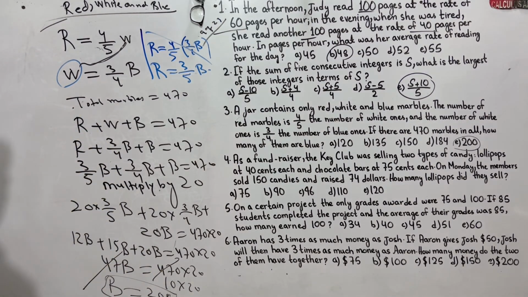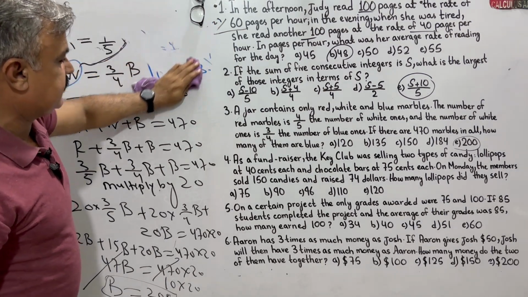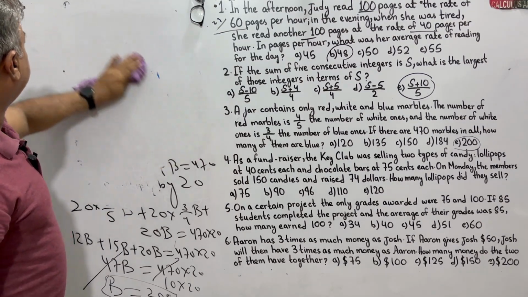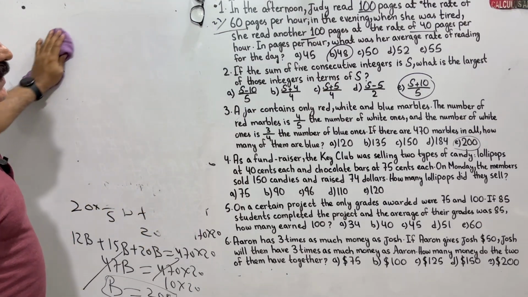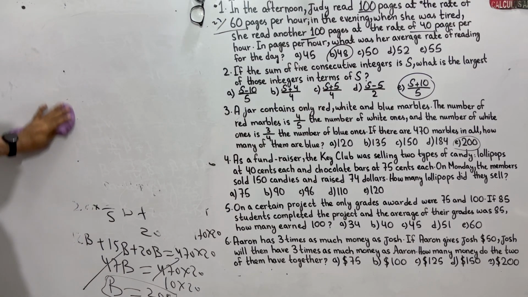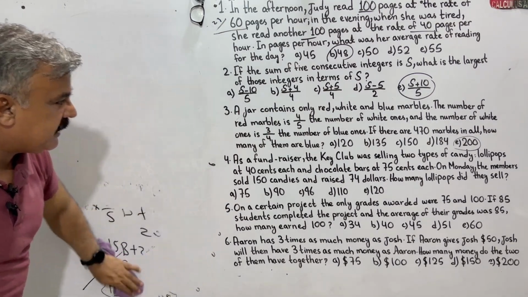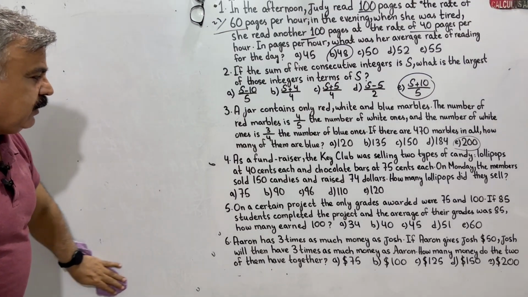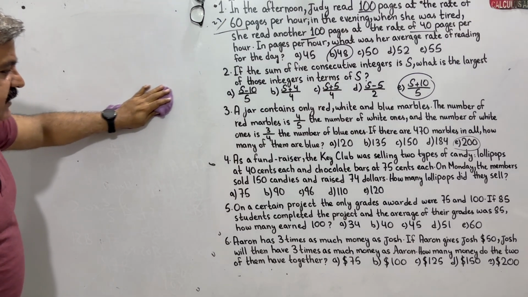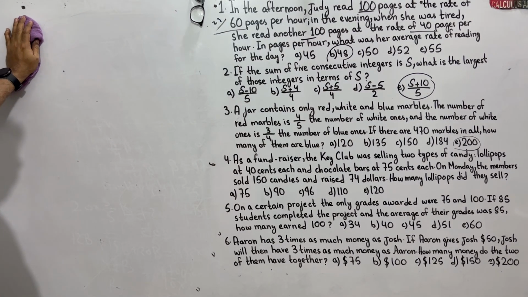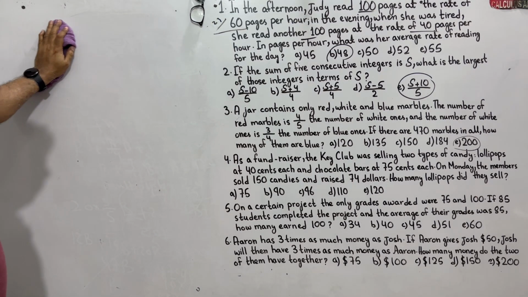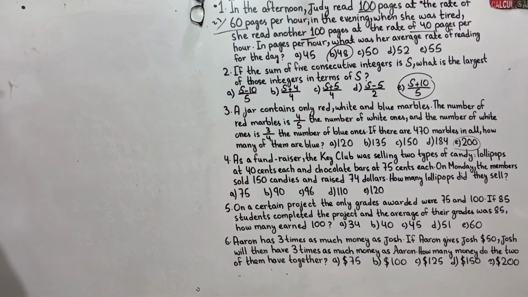Moving towards the fourth question. It reads: as a fundraiser, the Key Club was selling two types of candy, lollipops at 40 cents each and chocolate bars at 75 cents each.